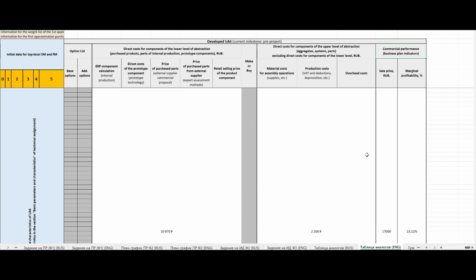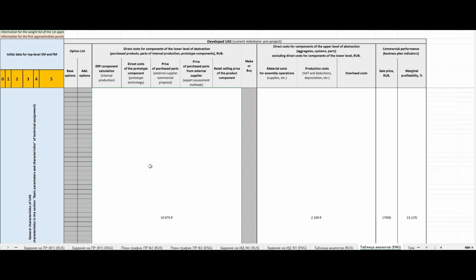The direct costs of components at the lower level of abstraction, in the amount of 10,870 rubles, are calculated as the sum of the cost values for the components of the developed unmanned aircraft system in 5 columns.